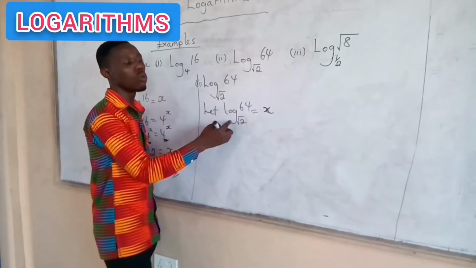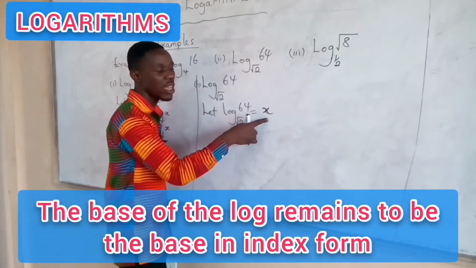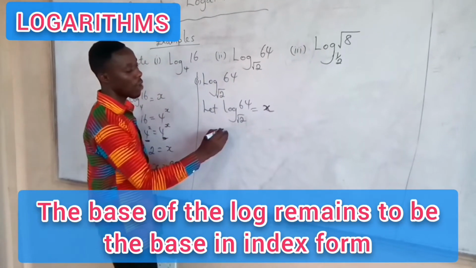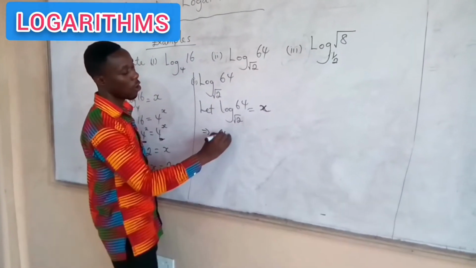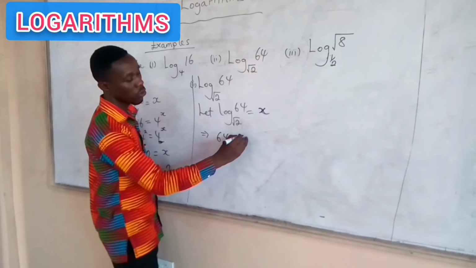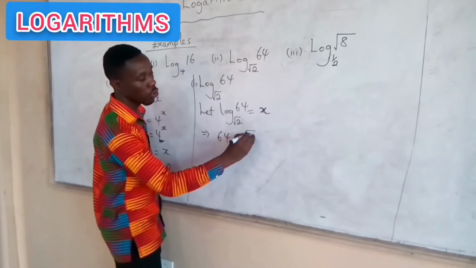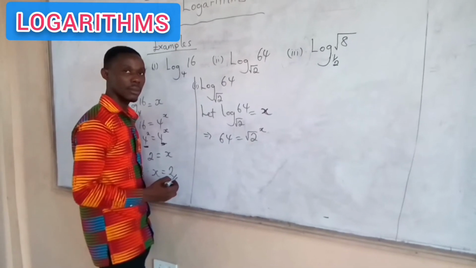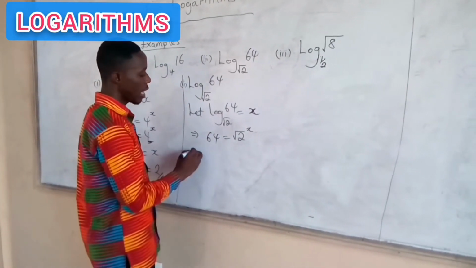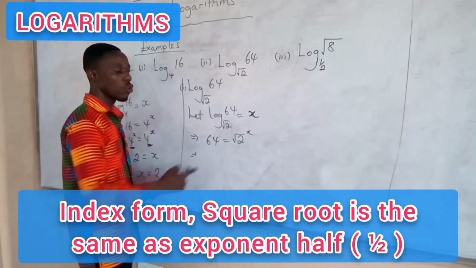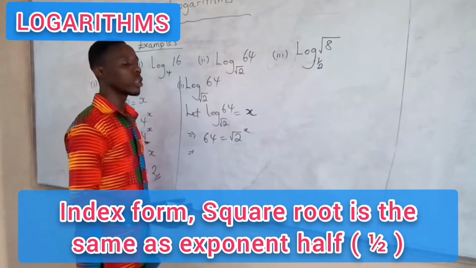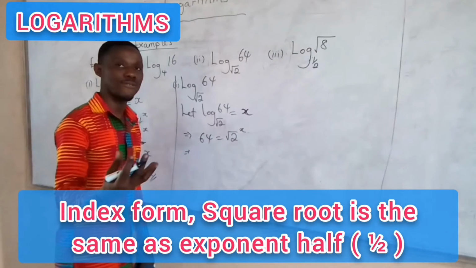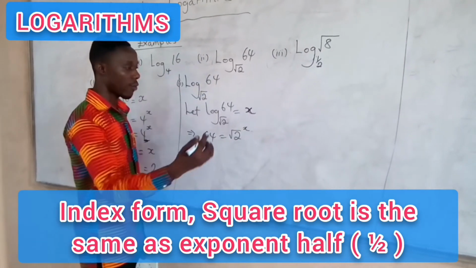the base here, when it crosses the equal sign, will still be the base. So we have 64 equal to root 2 exponent x. Now, from here, root 2, when you change it to index form, is 2 exponent half.